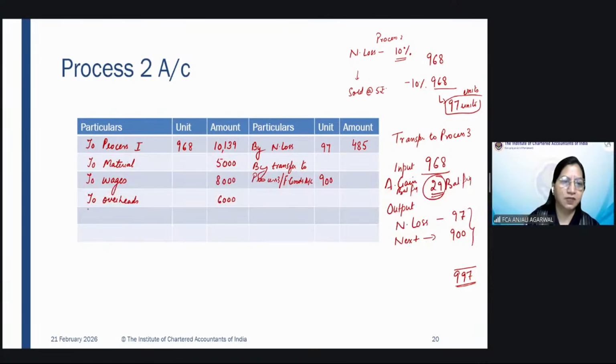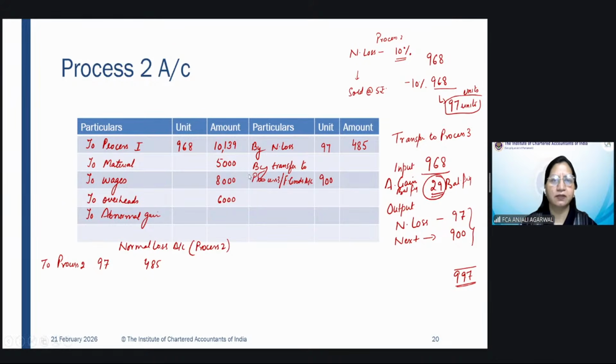So this will come on the debit side, to abnormal gain. Again, your normal loss account will have 97 units, 485, to process 2. You can have a normal loss account of process 2 separate, or the one we had made earlier.